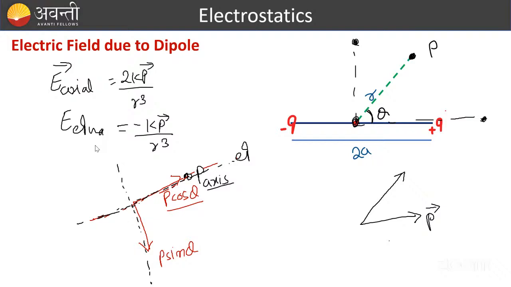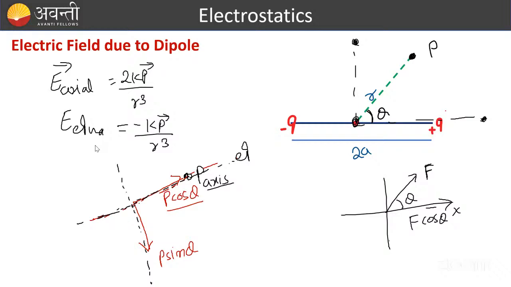Or let me explain it in a different way. Let's say this is a coordinate axis and we have a force F, and this angle is theta. What is the component of this force F along the x-axis? That is F cos theta. How do we resolve a vector? For resolution, we see what angle it is making with a certain direction. Suppose we have to resolve F along the x direction.